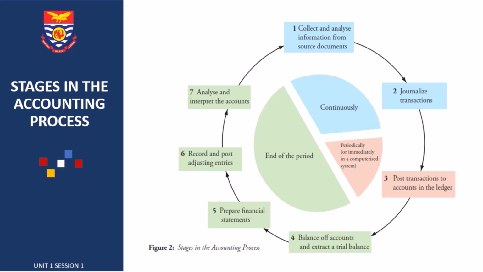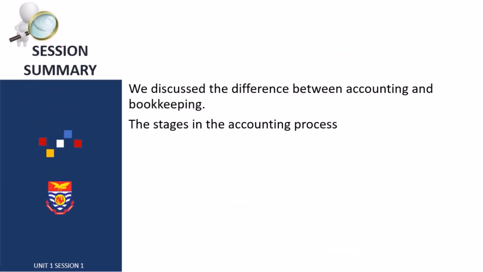Briefly, these are the stages in the accounting process. In this session, we discussed the difference between accounting and bookkeeping, and also we looked at the stages in the accounting process. Thank you.